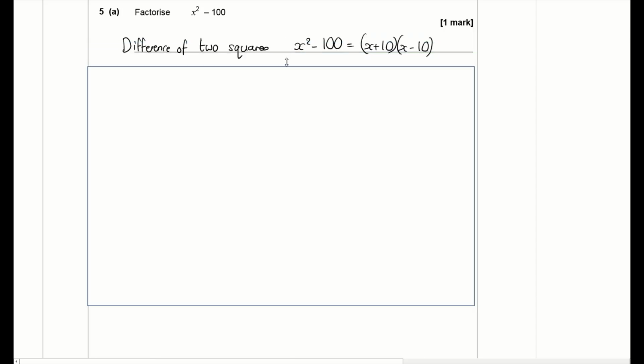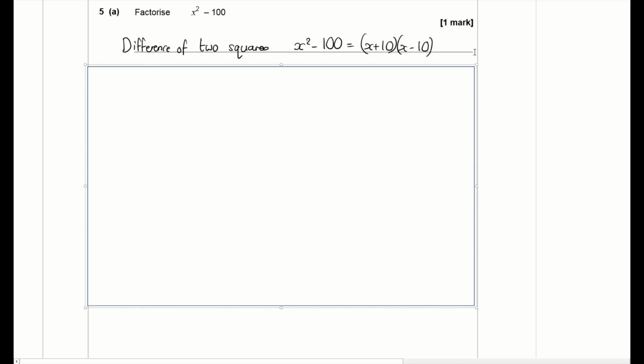Either way, when you are dealing with it, they get factorised into the same format. They are always a bracket pairing, as we've got here. You just square root each component, so the square root of x squared is x and the square root of 100 is 10, and you add each of those into the brackets as shown and just put a plus or minus sign between each of the terms in the bracket.